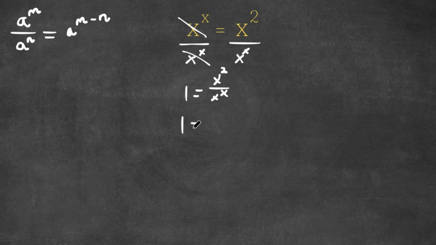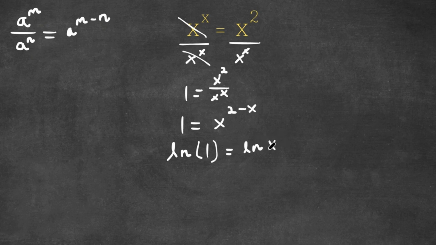So this would be equal to, we can think of 2 as m and x as n, so this would be x to the power of 2 minus x. Now I'm going to ln both sides. So now I have ln of 1 is equal to ln of x to the power of 2 minus x.